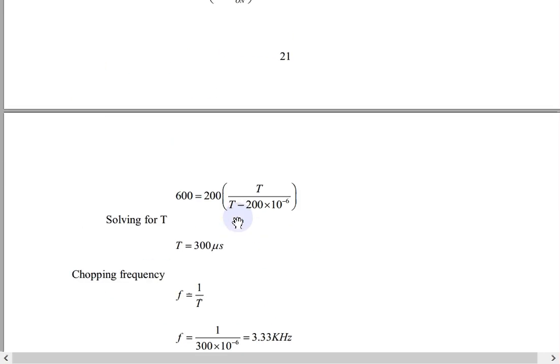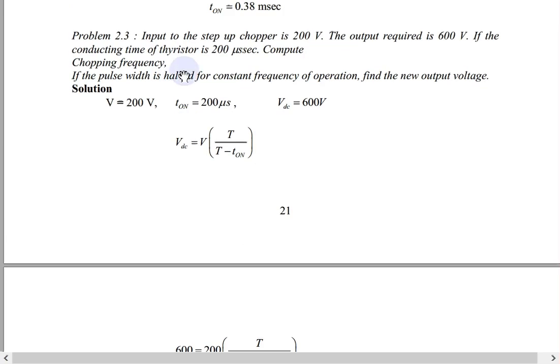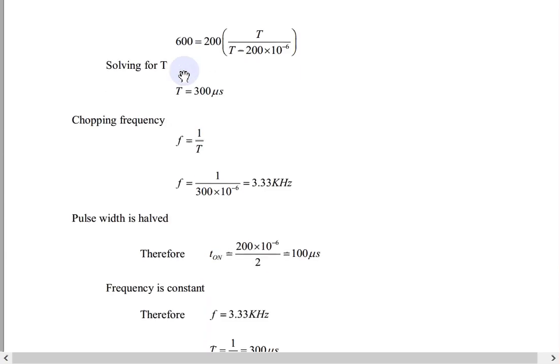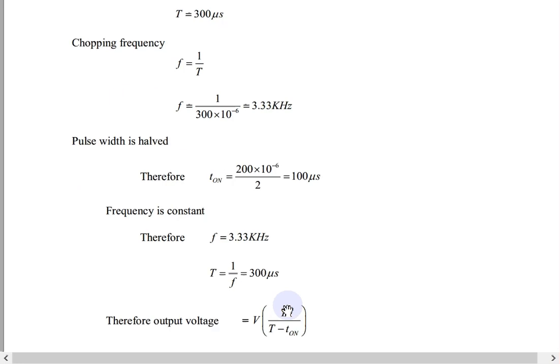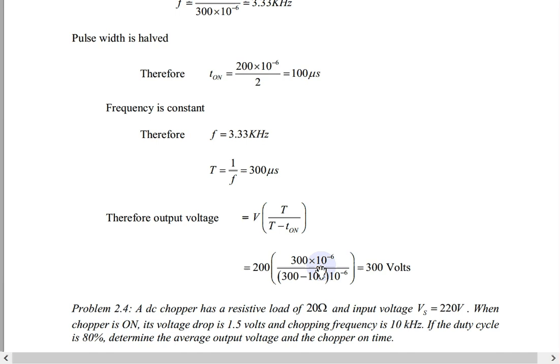T on was given as 200 microseconds, so half means 100 microseconds. Constant frequency operation means f is constant, so T is constant at 300 microseconds. So the new output voltage, with 200 volt input, comes out to 300 volt.